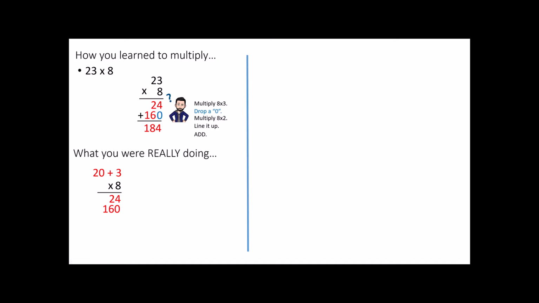You see, if we teach it this way, we have explained why this 0 is here. Growing up, I never knew that this 0 was here because I was doing 8 times 20. I simply memorized: drop the 0, and do 8 times 2. Conceptually, this puts your students at a very different place.